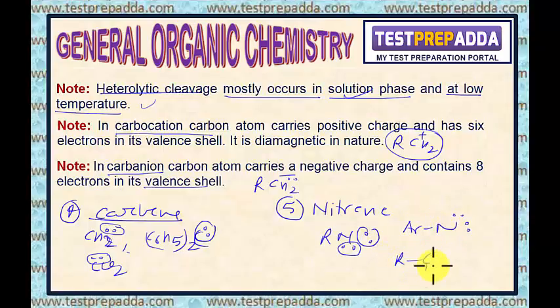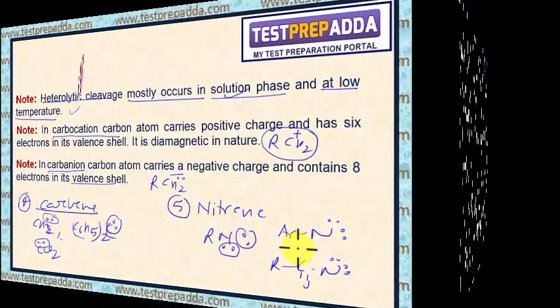I can write similarly acyl nitrene. I will talk about these intermediates in detail later on. Dear students, in the next video lecture, I will talk about a very special concept, aromaticity. Thank you.